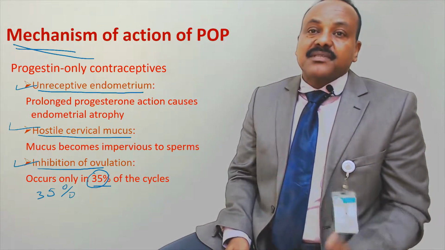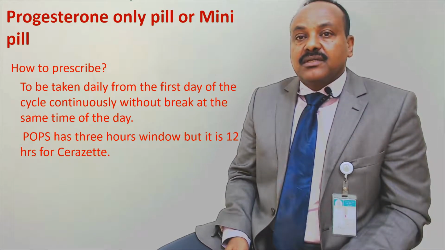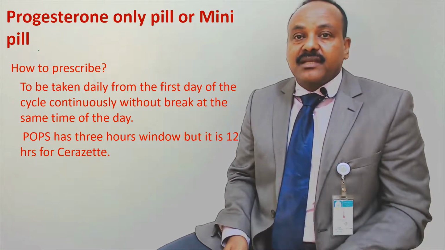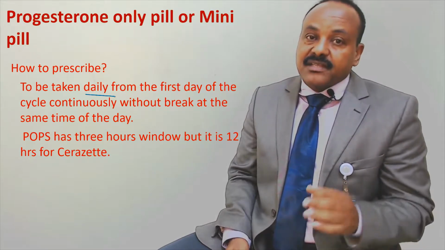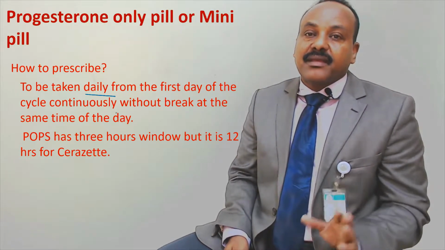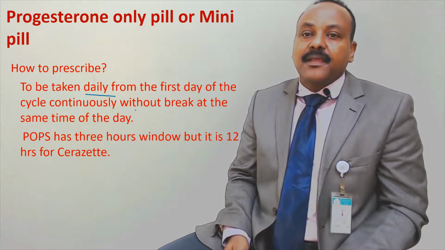How can you prescribe the progesterone-only pill? You should advise your client or your user to take this tablet daily from the first day of the cycle and continuously without break, not like combined pills. No break here, continuously.